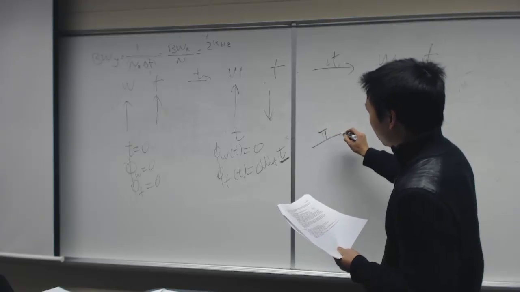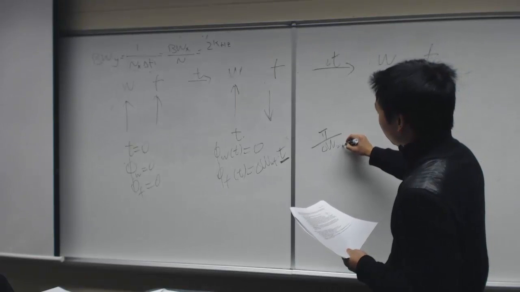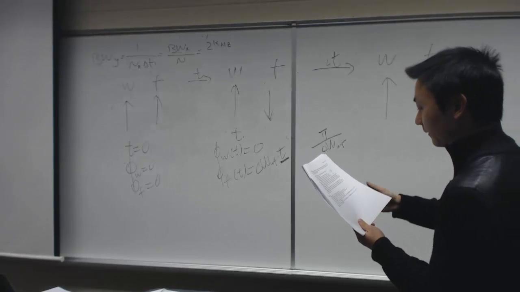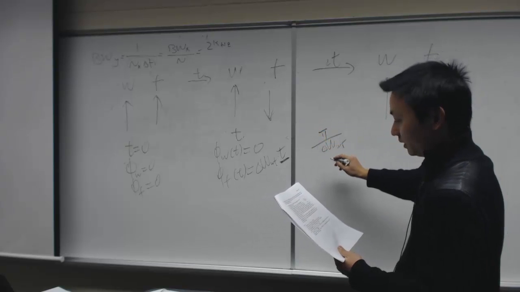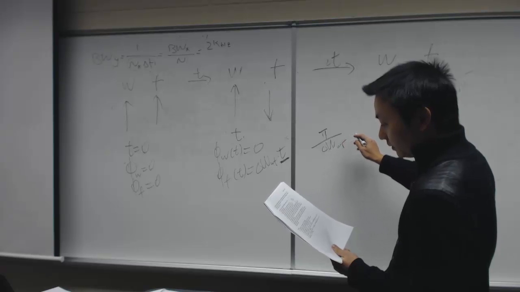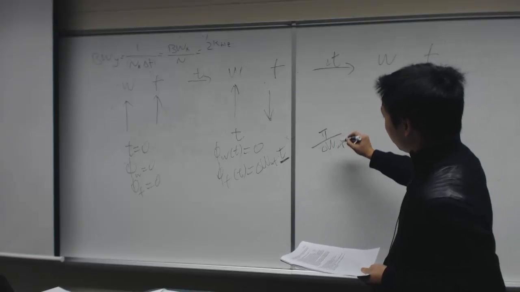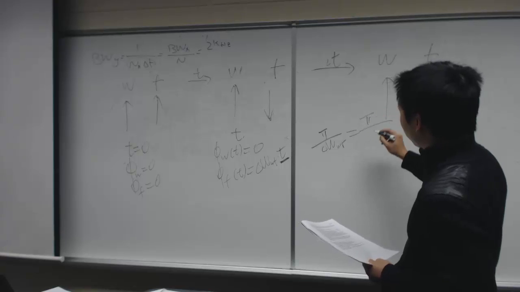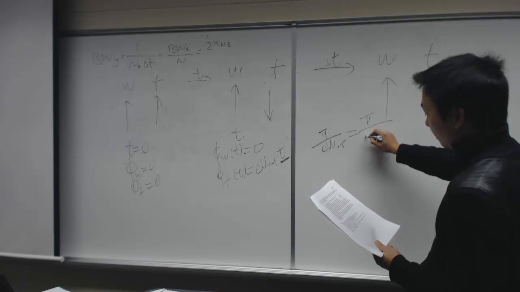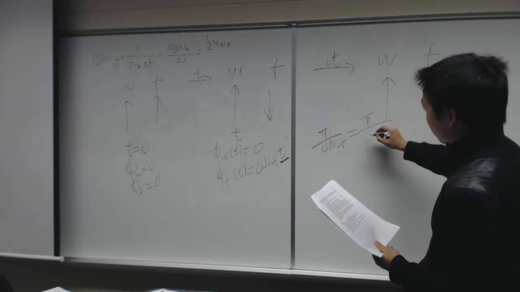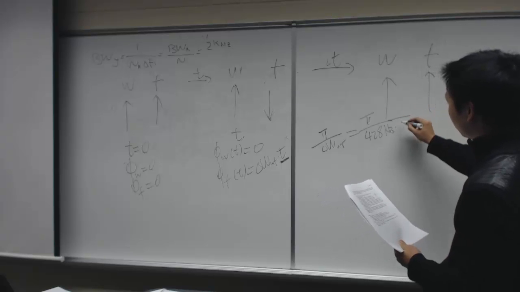So the time that is needed for the fat to process an extra pi would be pi divided by delta omega water fat, right? So delta omega water fat is, let's say, 428 hertz times 2 pi.